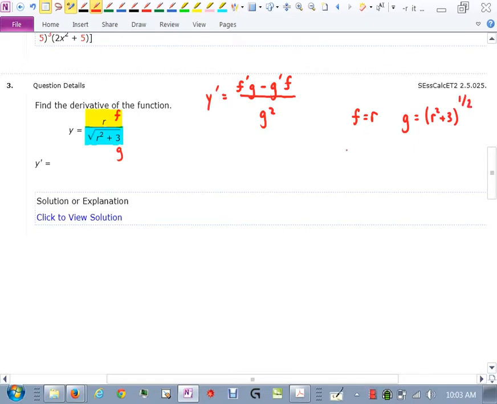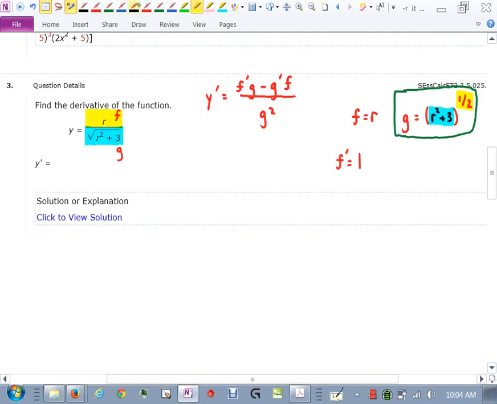I just need derivatives of these. Well, the derivative of f is just the derivative of r with respect to r, which is just 1. So we're treating r like x. And then on g, here's where we have to do a little work. g is actually its own problem now. This is a composition. This is an inner function, and then it's got an outer function, which is the 1/2.